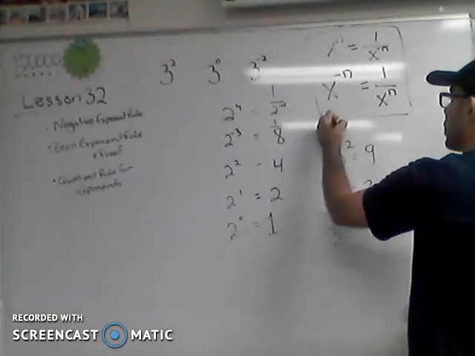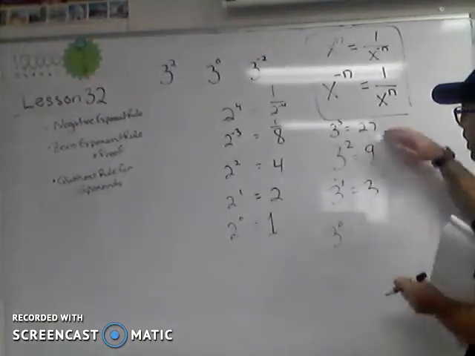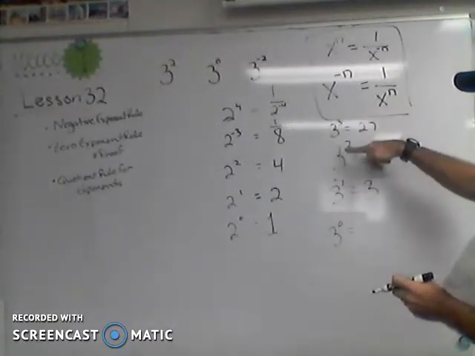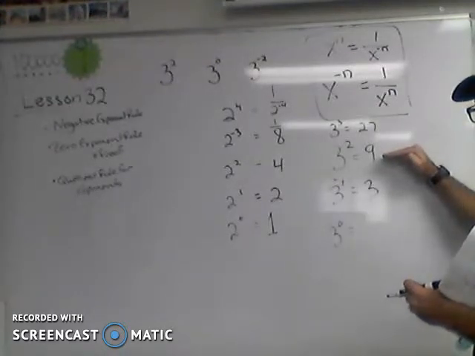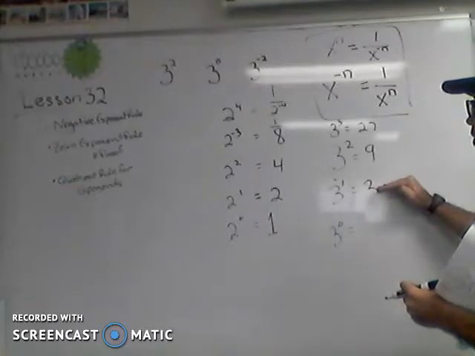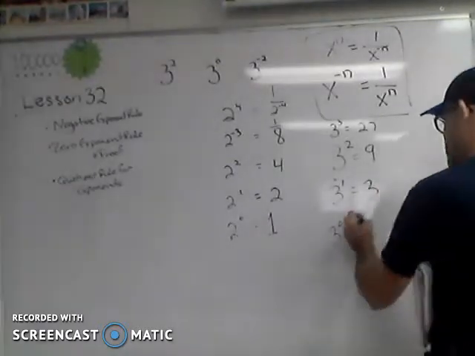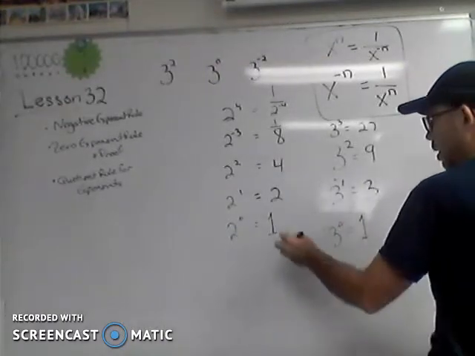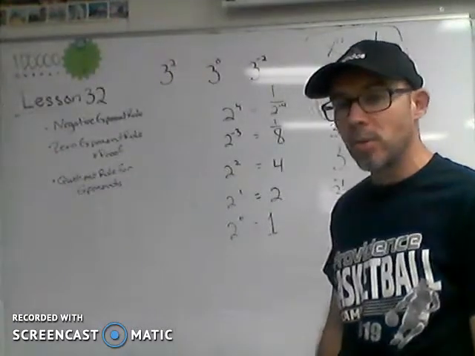If I go even bigger, 3 cubed would have been 27. And each time I drop down 1 power in the exponent, I'm dividing by 3. 27 divided by 3 is 9. 9 divided by 3 is 3. 3 divided by 3 is 1.